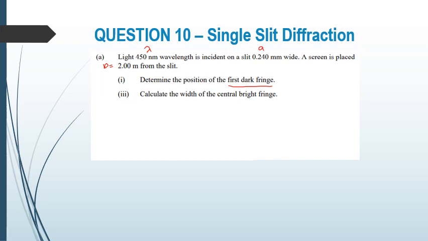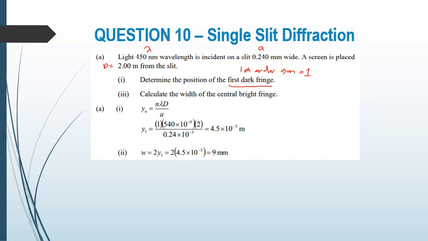But in single slit diffraction, the first dark fringe represents first order dark. So now we have m equals to 1. By using all this information, you apply the equation y equals to m lambda D over a. Straight away you get the answer for question 1, which is 4.5 times 10 to the power of negative 3 meter.